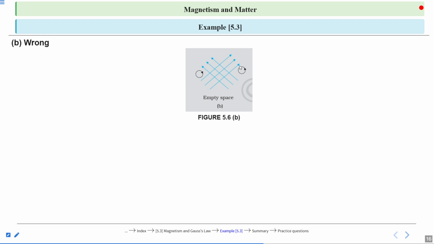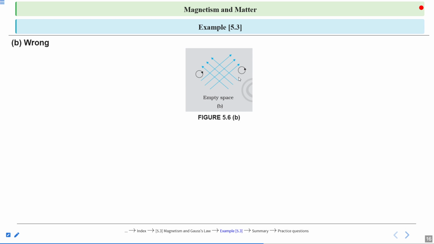But according to Ampere's circuital law, closed integral B dot dl should be equal to mu naught I, which means closed loops must contain some current passing across them. There is no current passing across them, so how can these closed curves be there without any current?